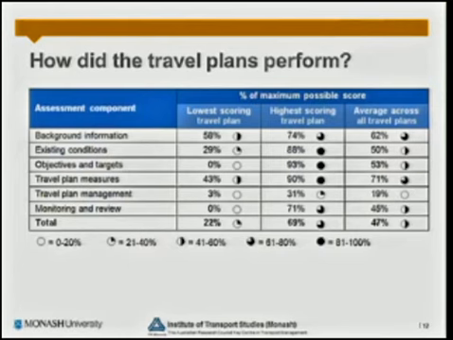So I suppose the takeaway message for us from this was that there certainly appears to be scope to improve the quality of the travel plans that are being developed for developments in Melbourne. And it may be that by having some sort of an assessment framework, the consultants that are developing these travel plans at least would have a benchmark to try and improve their documentation over time.